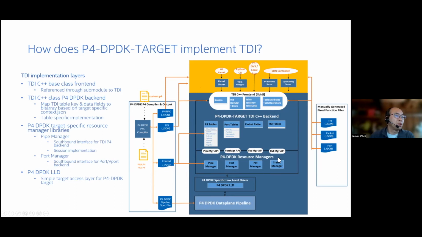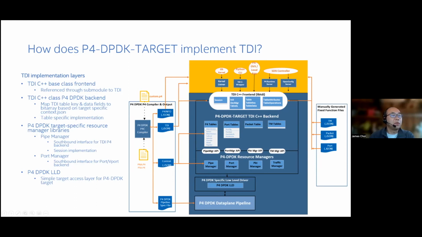The context JSON is consumed by the backend layer as well as the resource manager layer. The context JSON is something unique that we do. It helps the driver code that sits here implement the mapping of the TDI interface to the backend interface. So a lot of things that would have been hard-coded in the driver code are actually done with the help of context.json, and a lot of these are driven from the compiler.